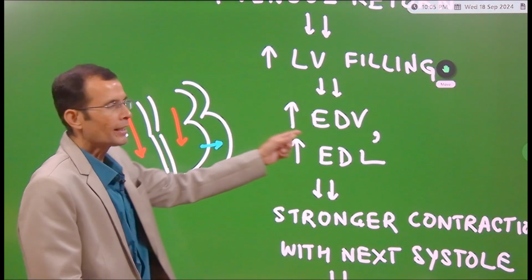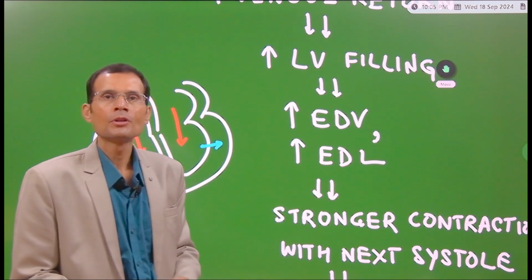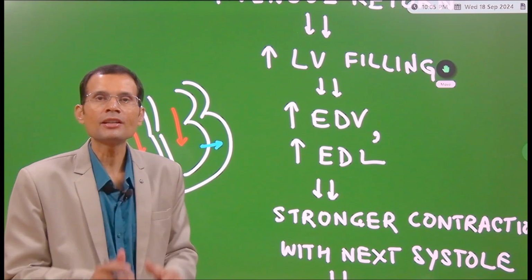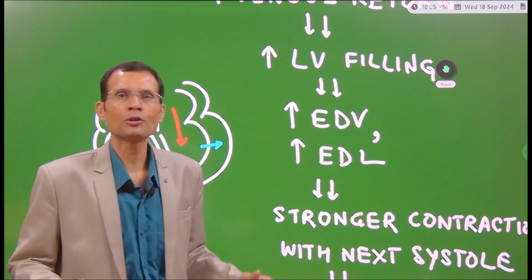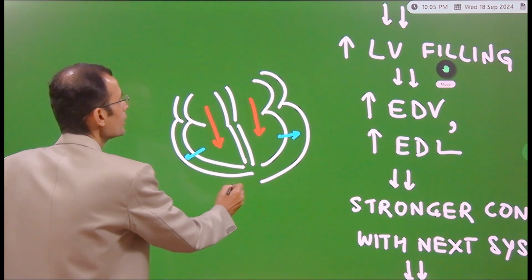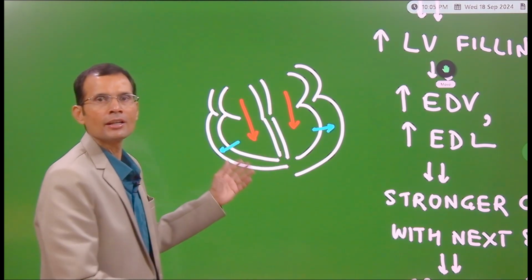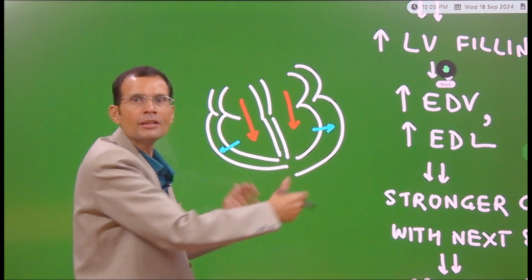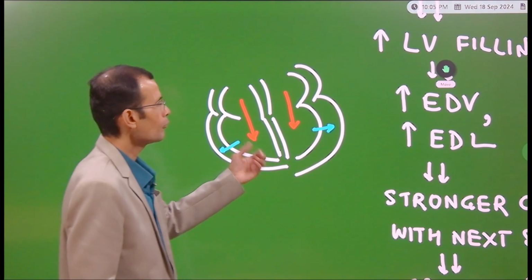That means by the end of the diastole, more blood will be filled in the ventricle, increased end diastolic volume. You can see here, greater blood filling in the ventricles. That means there is more and more blood filled, and by the end of the diastole, volume will be greater.